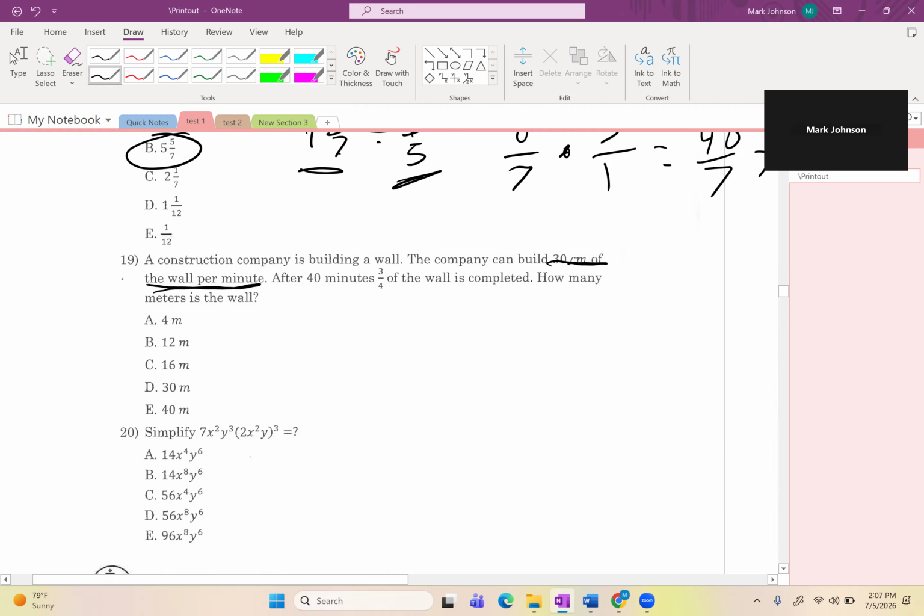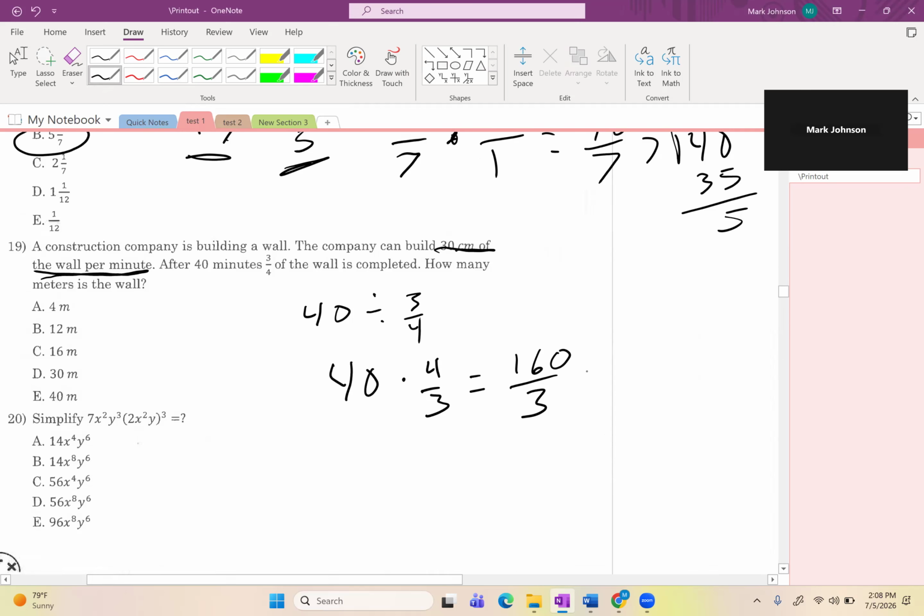So let's see how many minutes it's going to take first. So 40 minutes divided by 3/4. So flip the right. So 40 times 4/3 equals 160 over 3. And so that's how many minutes there are.